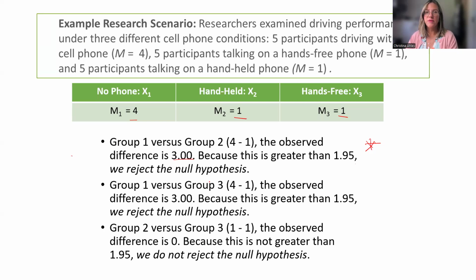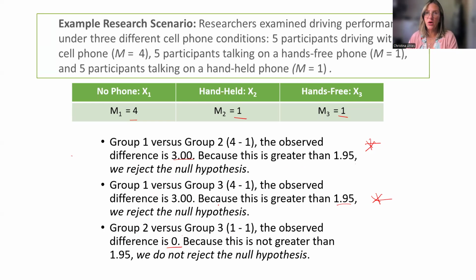And then group 1 versus group 3, 4 minus 1. The difference is 3. So that again is greater than 1.95. So we know that is a significant difference. And then if we look at group 2 versus group 3, 1 minus 1 is 0. That's not significantly different.